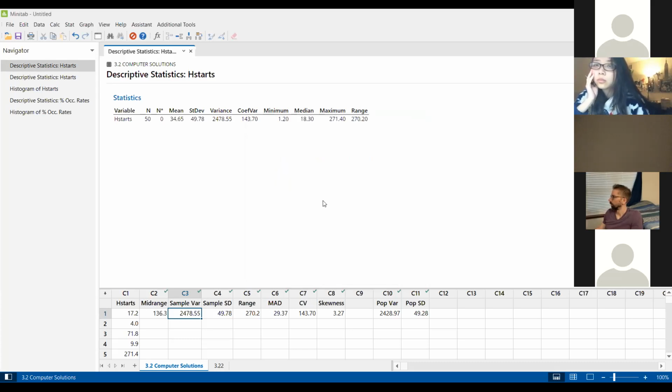Now in the book, it shows you how to convert a sample variance to a population variance. So now that you know this is a sample variance, if you wanted a population variance, what would you do? Since the denominator for the sample variance is n minus 1, you would multiply this number by n minus 1 divided by n.